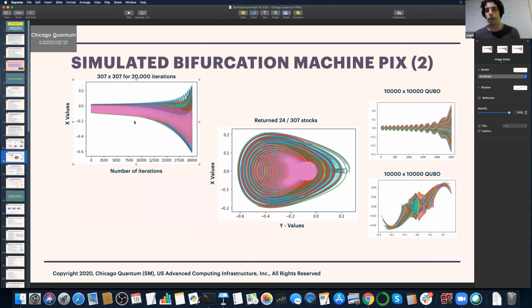That's what I was running, a minimum correlation. And it returns results in about 1 second. I didn't time it exactly, but it's very, very fast. 307 by 307 is, you know, enormous. And then one more 10,000 by 10,000 just to show that it can be done. So essentially, these are different use cases for the algorithm.